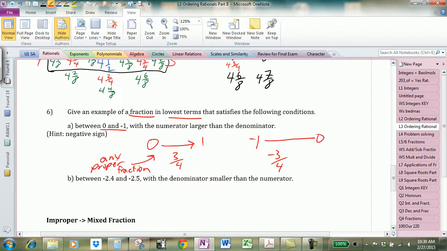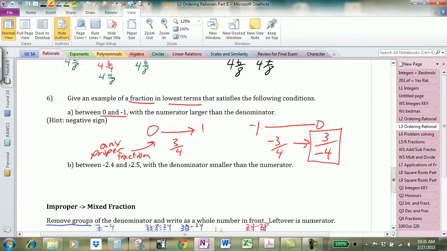Now here though, the denominator is positive, the numerator is negative. So what the textbook wants you to do is just put your negative sign in the denominator. So when you get this weird question, it's not making sense, look at your notes and follow your example. This is what they're looking for. Just having the negative sign in the denominator. I really don't like the question that much, but it's something to think about. So that's why I've assigned it.